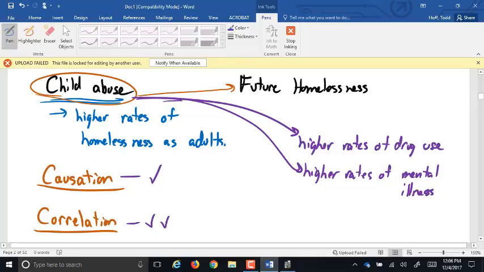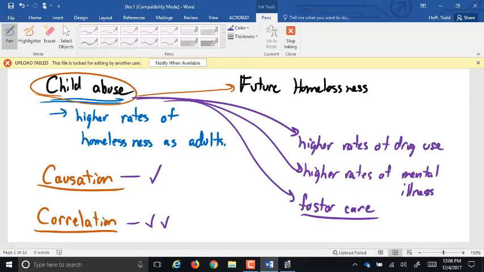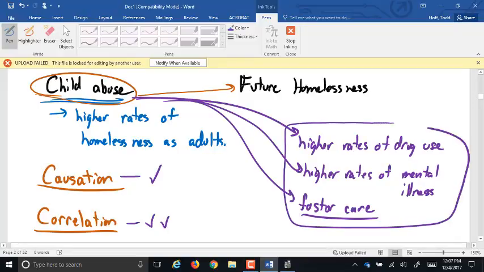It could lead to being put in foster care, which I'm not saying being put in foster care makes you more likely to be homeless as an adult, but being abused as a child could definitely be considered a trigger for many other possible things. They could be an intermediate cause of being homeless.